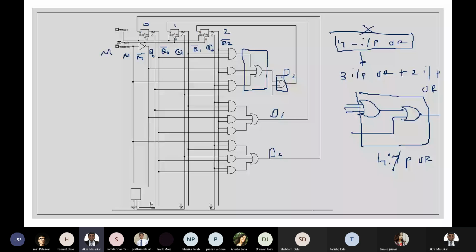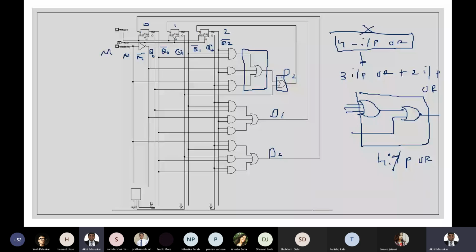Okay, copy this. Okay, so if you are done with this diagram, just say done in the chat box.